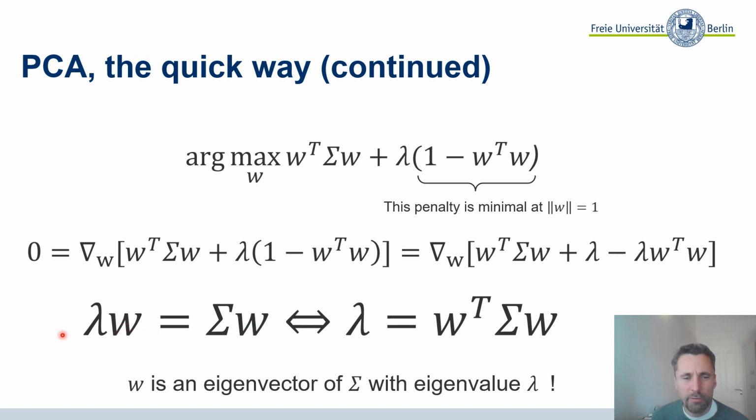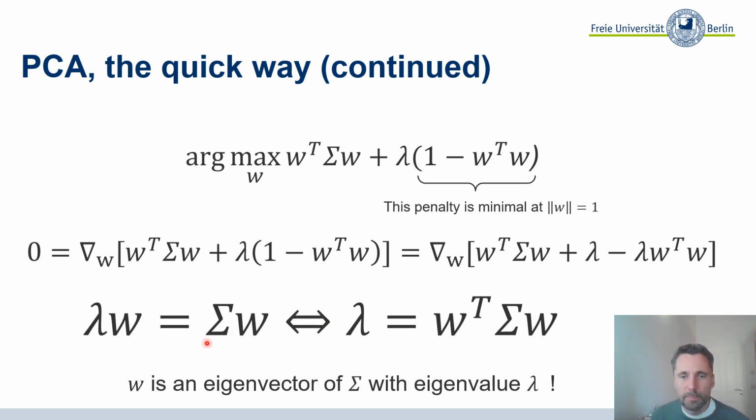So in the end, we have something that looks like this. So sigma W equals lambda W. Yeah, and so this means W is an eigenvector of this matrix, sigma, the covariance matrix, to the eigenvalue lambda.